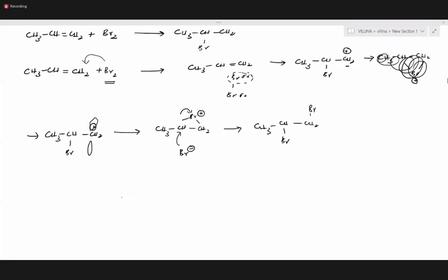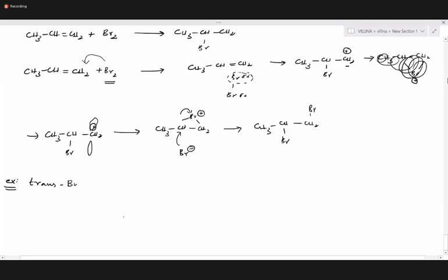Why is it trans again? Yeah, definitely. I'll show you an example. Let me take a trans alkene only. Let's take some trans butene. This was asked in previous mains actually.